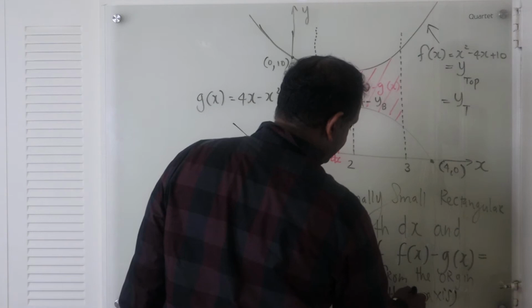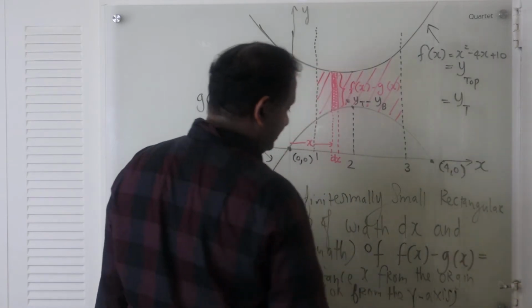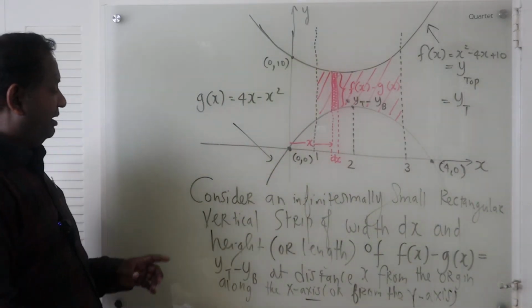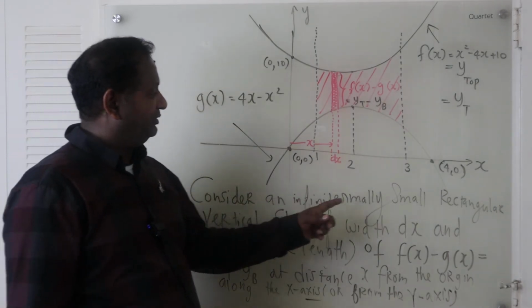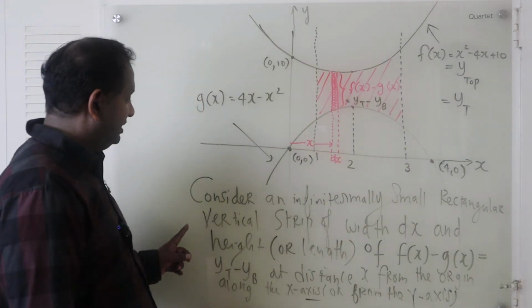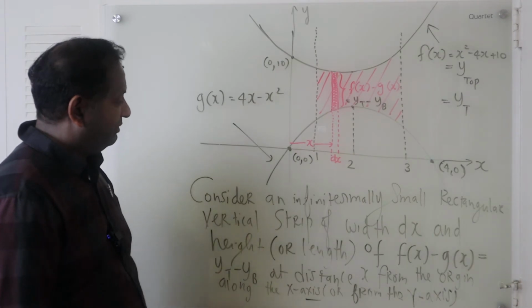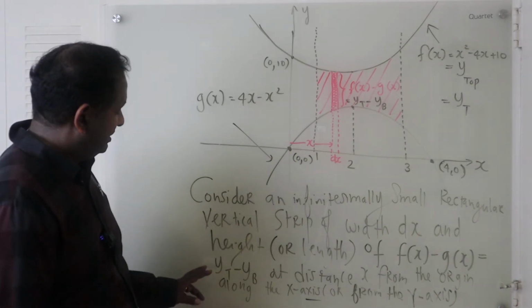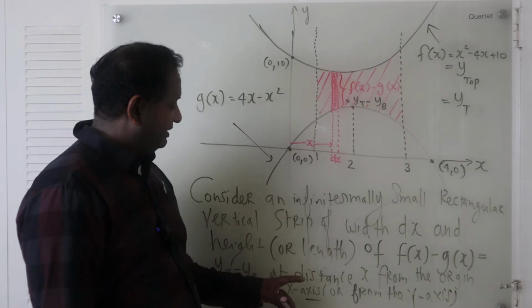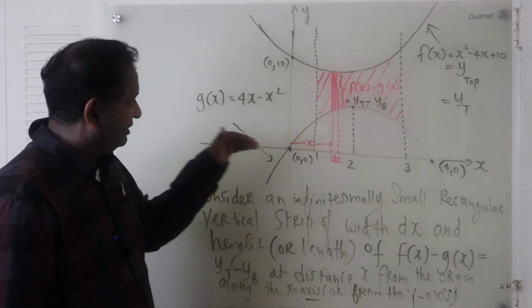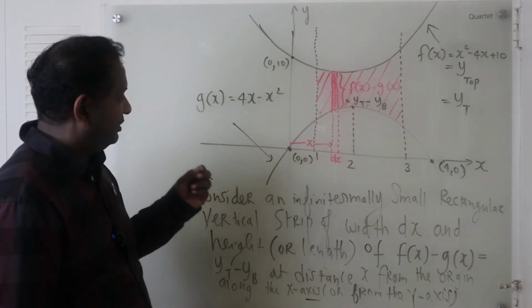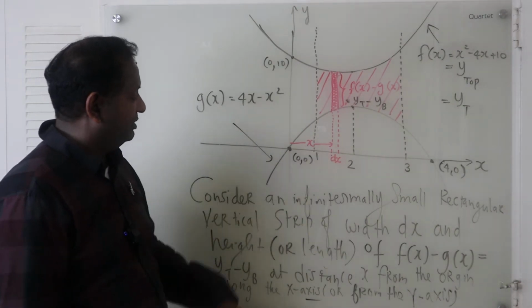I'm going to consider an infinitesimally small rectangular vertical strip of width dx and height or length of f of x minus g of x. This is yt minus yb at distance x. That's the general point.